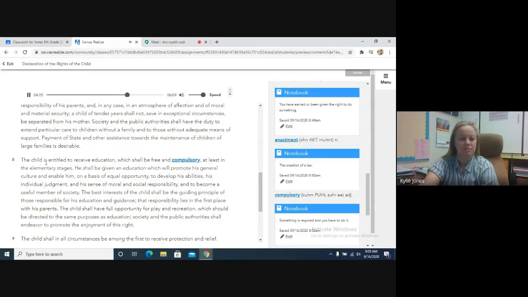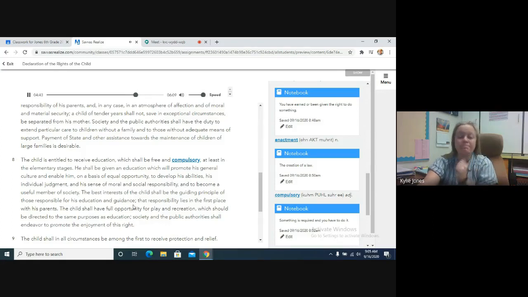The child is entitled to receive education, which shall be free and compulsory, at least in the elementary stages. He shall be given an education which will promote his general culture and enable him, on a basis of equal opportunity, to develop his abilities, his individual judgment, and his sense of moral and social responsibility, and to become a useful member of society.